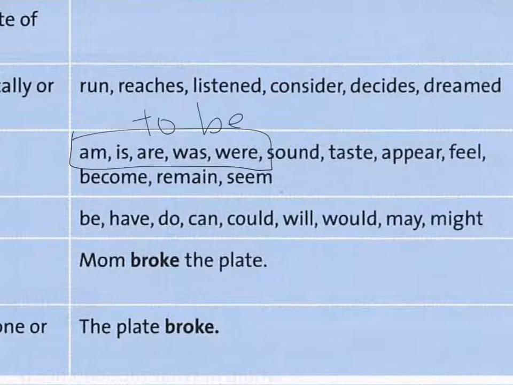For example, the campsite appeared tiny beside the grand mountain. So appeared is linked back to campsite. If I said we were happy to see the sign for Big Sky Country. We were happy. So the were links it back.